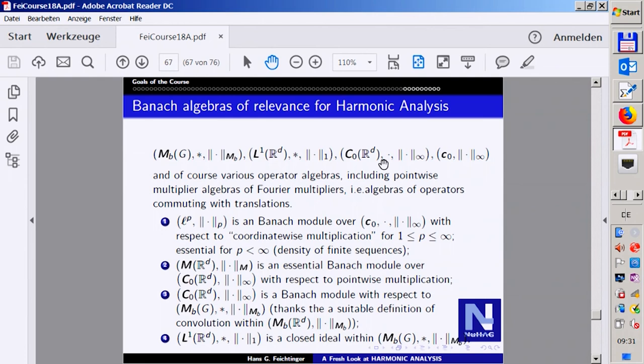So mu times h is a new functional. If you apply it to f, you move the h over to the f, so it's mu applied to hf. Roughly speaking, mu times h times f is meaningful a priori, because mu can be applied to h times f, whenever h is multiplying my Banach space into itself.